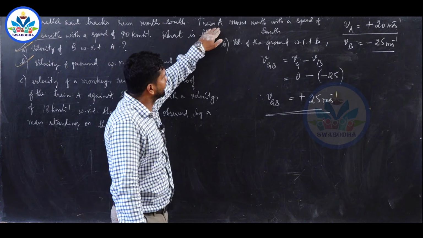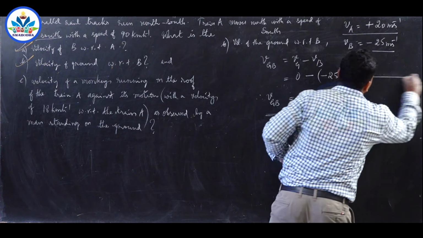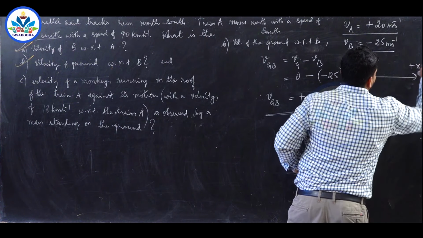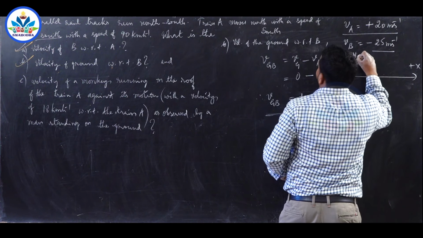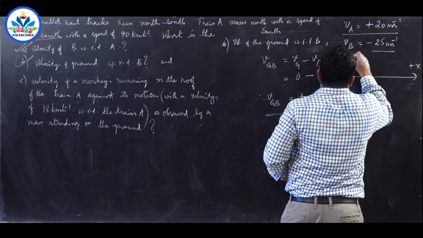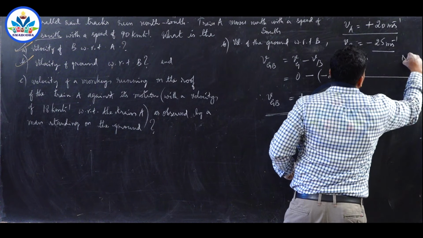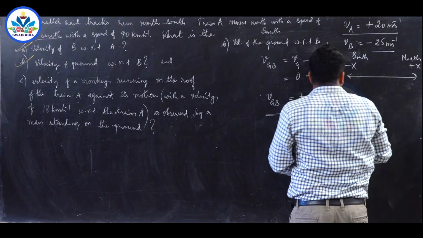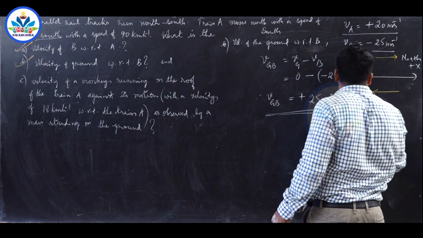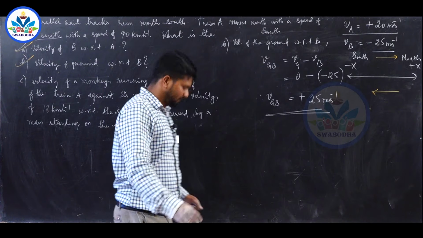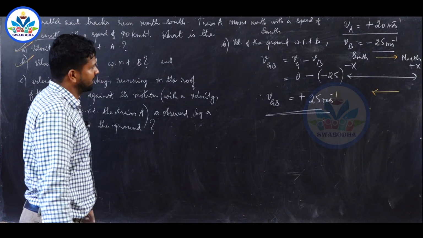So the train A direction we have chosen positive like this. This is plus, this is minus x, this moves north, right? So from south to north positive, from north to south negative, correct? So train A positive, train B negative direction we have chosen.